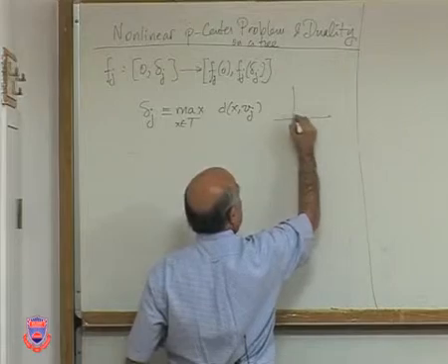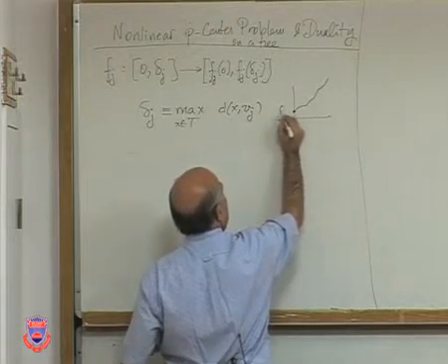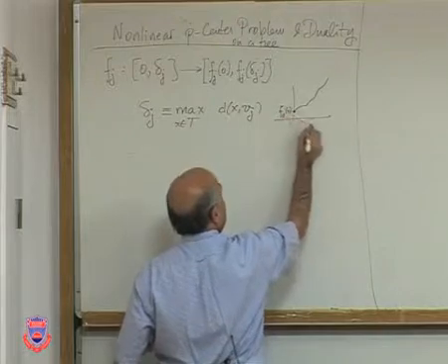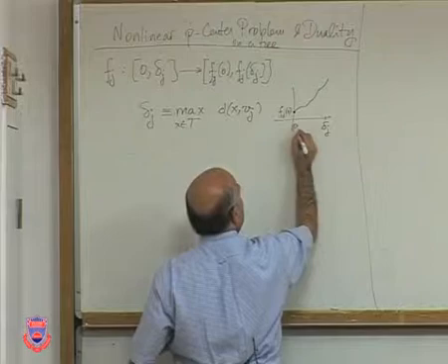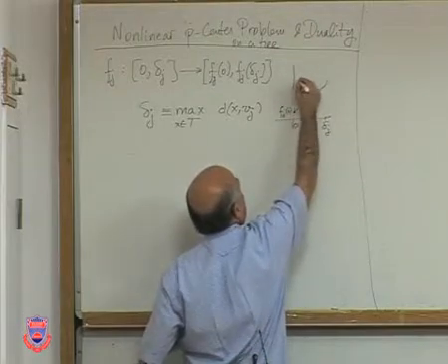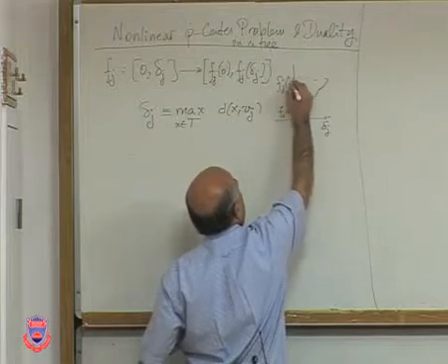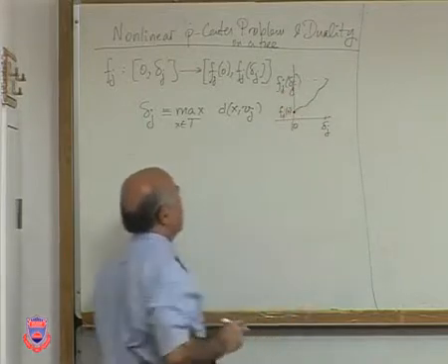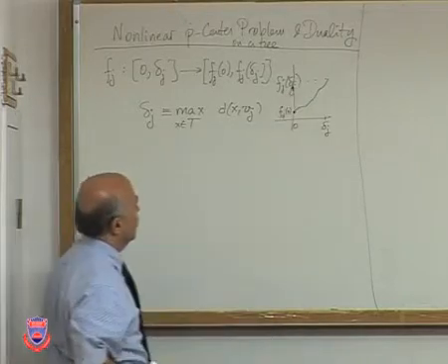And fj is some sort of a monotonic function. This is fj of 0, and if that's delta j, this is your fj of delta j.